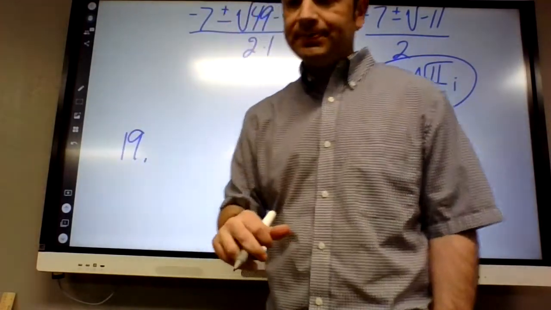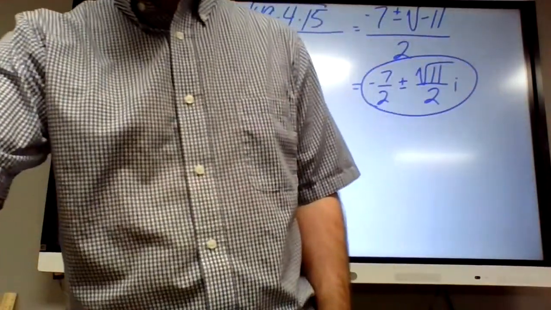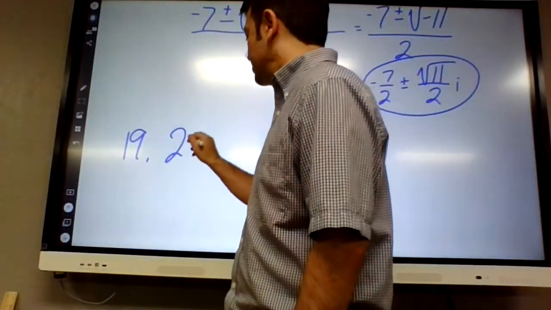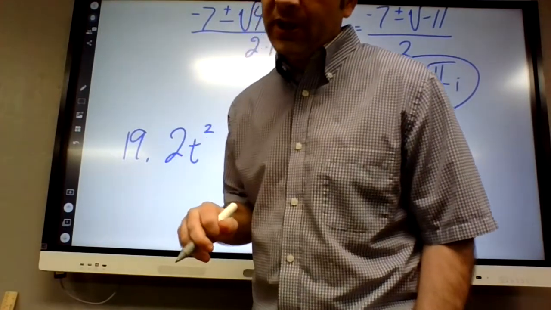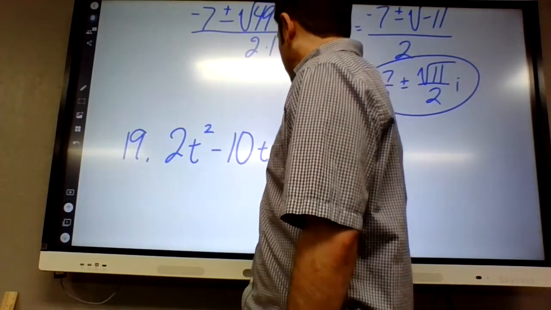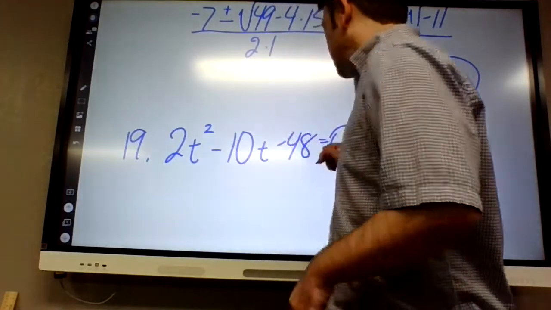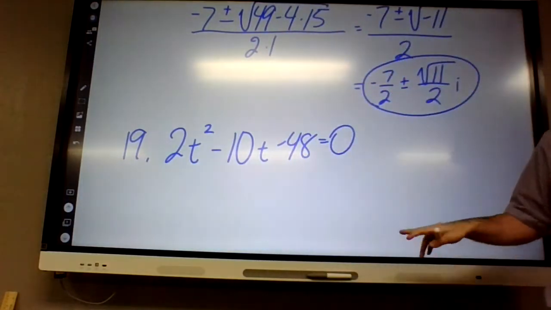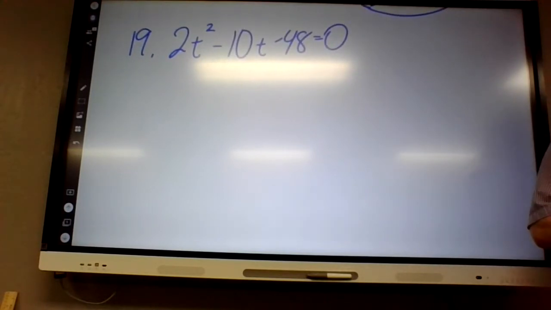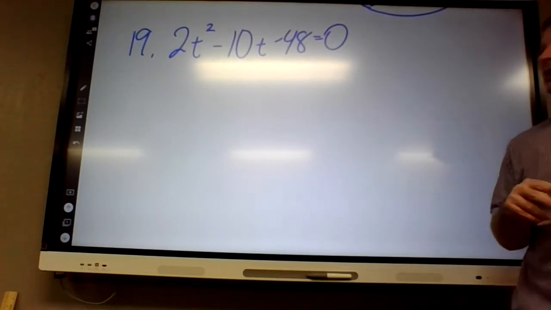Okay, number 19. So what should we do first on 19? Subtract the 48 over, because we want 0 on the right side. There is a kind of a trick that can make this problem a little easier. Does anybody think they know what it is? Divide both sides by 2.